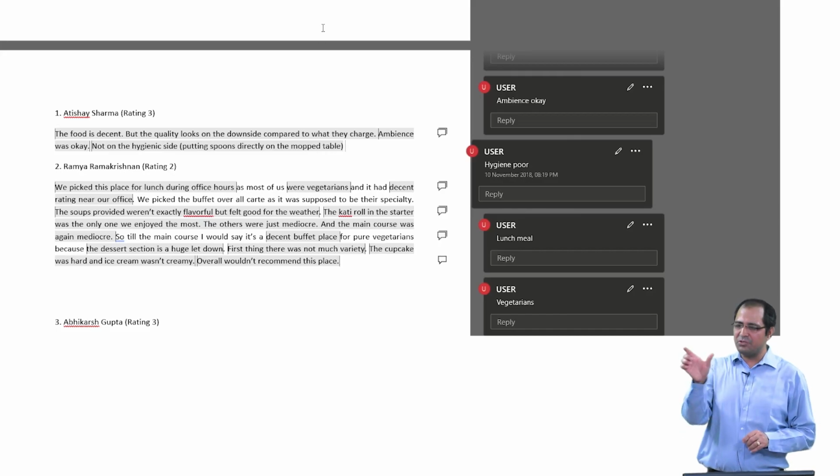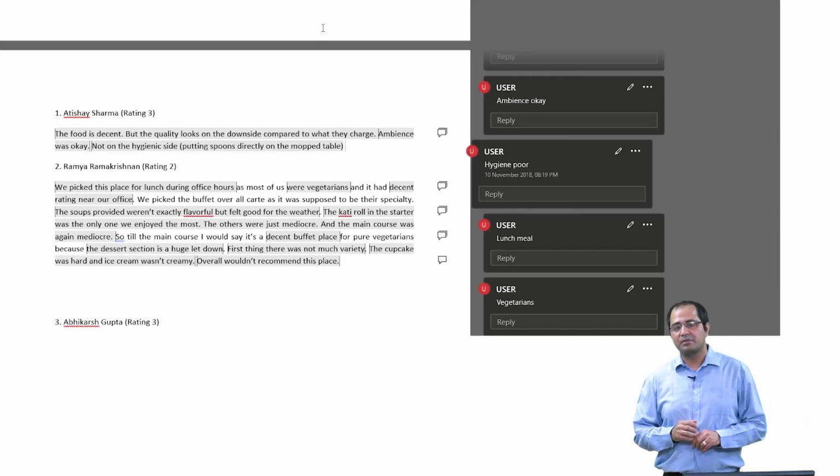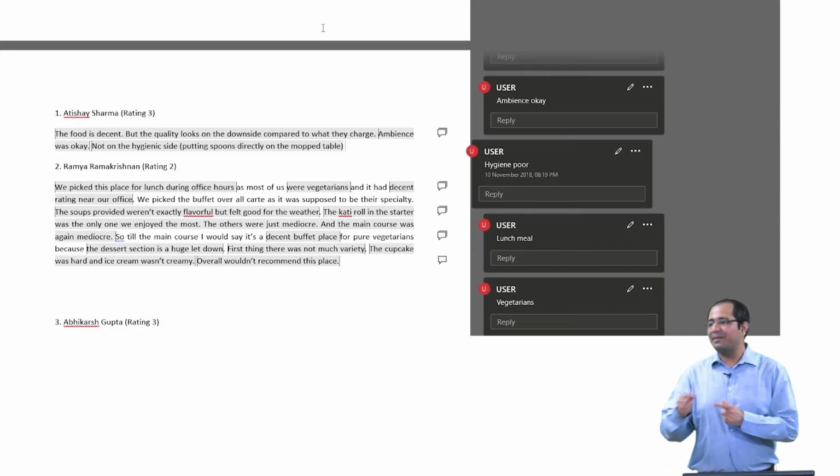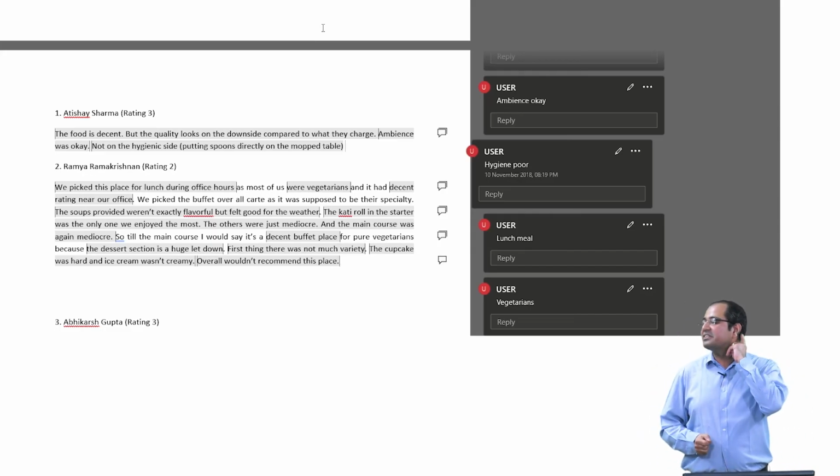You can say these are the unit of analysis, the sentence or a couple of sentences.